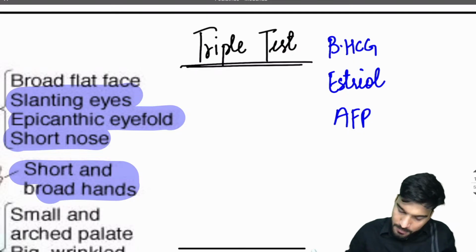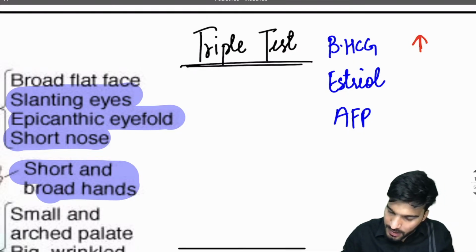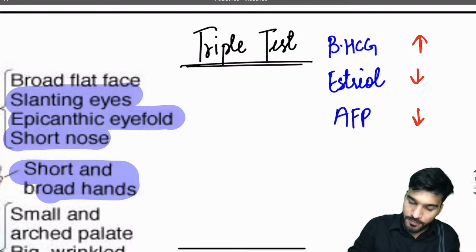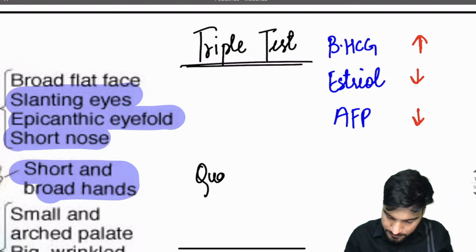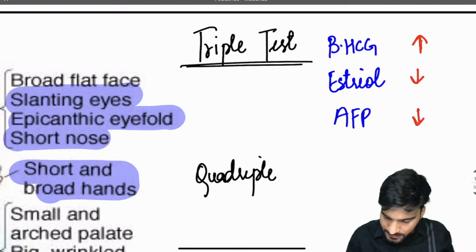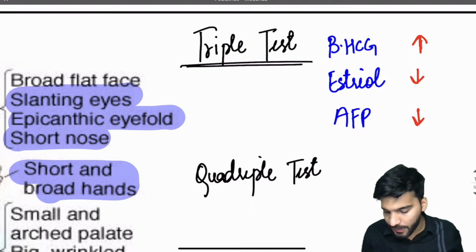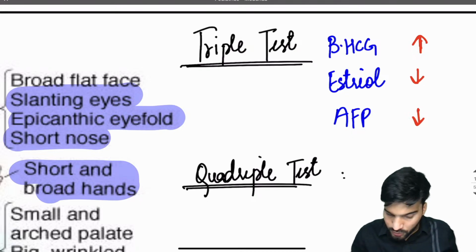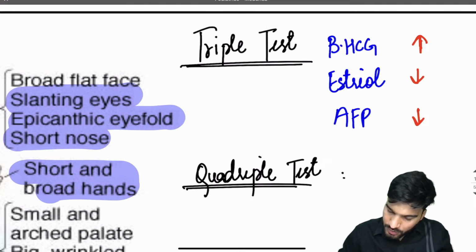Beta HCG is going to be high in Down syndrome, estriol will be less and AFP will also be decreased. The quadruple test is the triple test plus inhibin A. Remember, inhibin A is going to be increased.